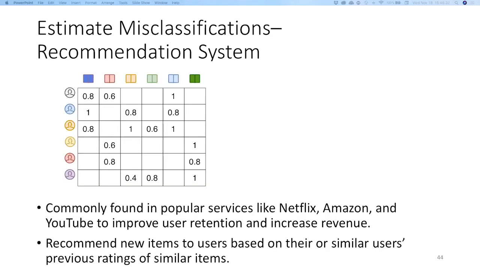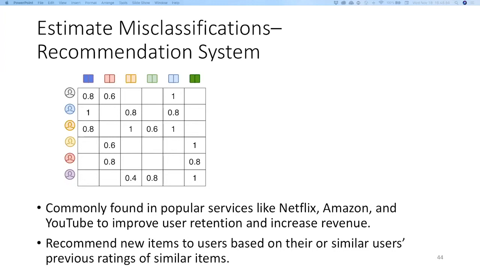So once the aggregation of block lists is done, BLAG uses a recommendation system to identify misclassification. Recommendation systems are commonly found in popular services such as Netflix, Amazon, or YouTube to provide better recommendations to users on movies or books.